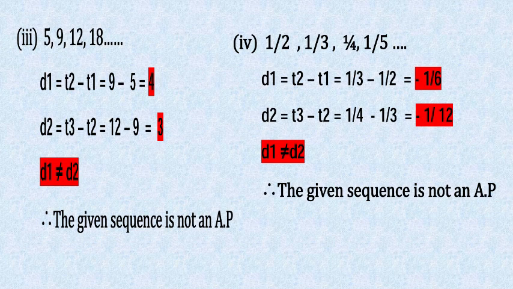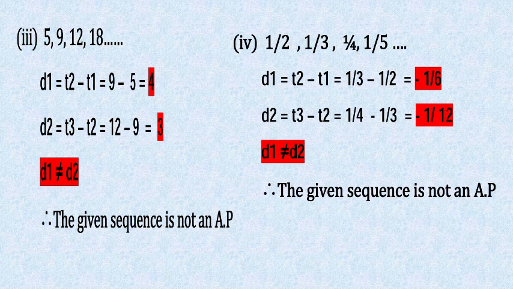Question number 3. 5, 9, 12, 18 and so on. D1 is equal to T2 minus T1, that is 9 minus 5, which is equal to 4. D2 is equal to T3 minus T2, which is equal to 12 minus 9, that is equal to 3.